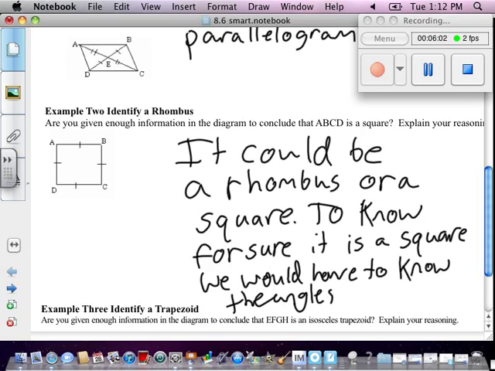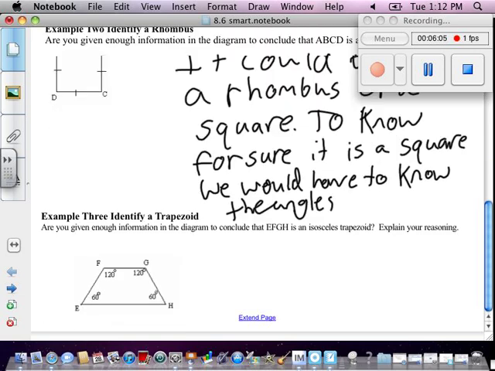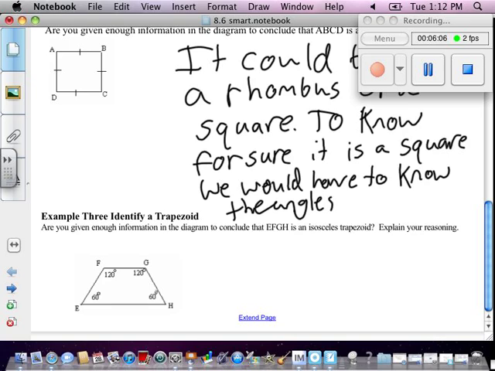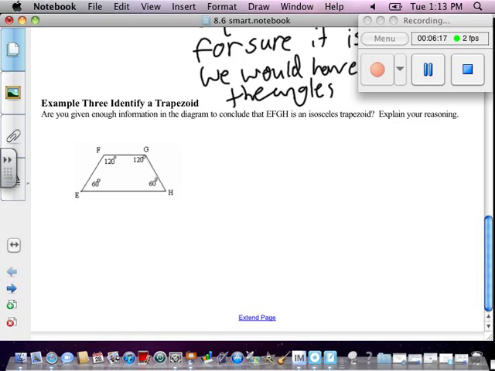Pretty easy? Right, let's look at example 3, identifying a trapezoid. Are we given enough information in the diagram to conclude that it is an isosceles trapezoid? So what's special about an isosceles trapezoid? Base angles are equal. We know that these two sides are congruent. And they are. Do I have two sets of congruent base angles?